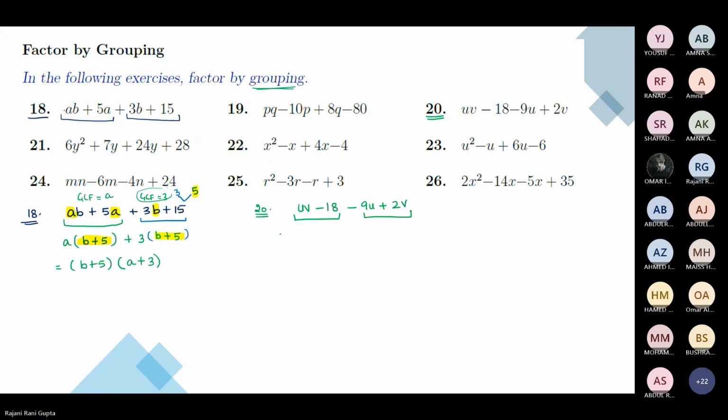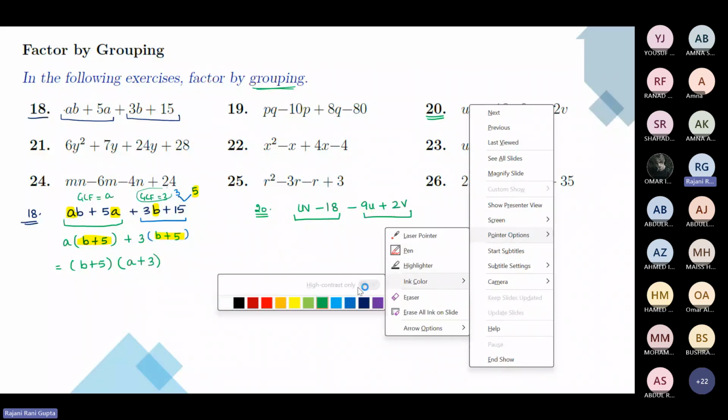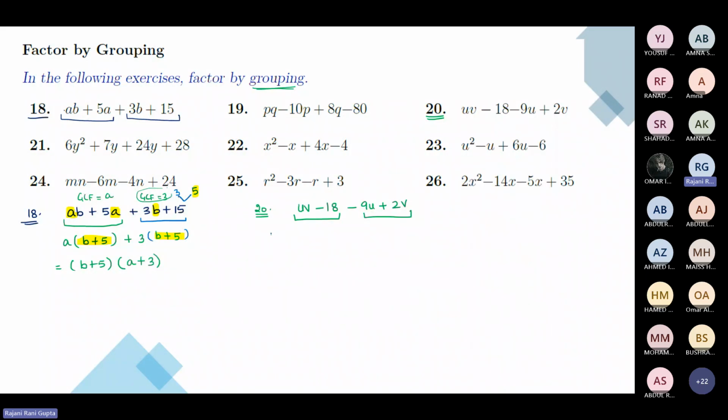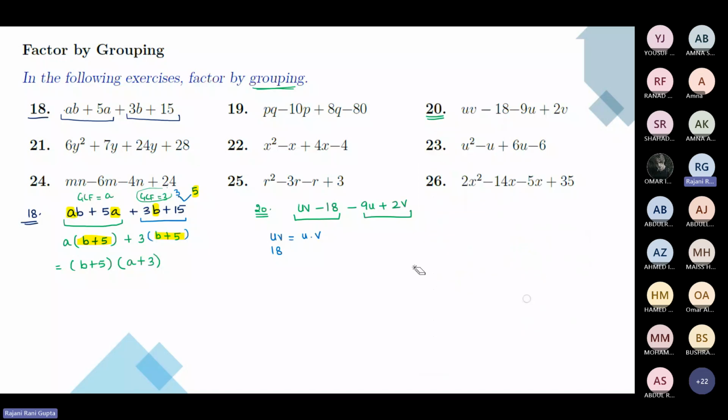So let me try to do it in another way. I believe that you will find it easier. So if you have uv, how can you write it as u times v? Wait a minute. Is it going to work? Is this grouping going to be helpful? We have to check that.